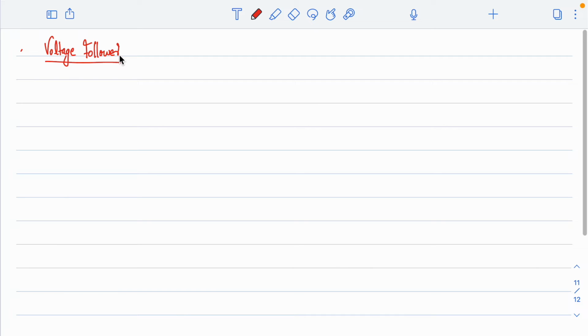Alright, CC configuration. If you remember, what are the features of a common collector configuration when it is used as a voltage follower? What are the expected features? Gain is equal to 1.